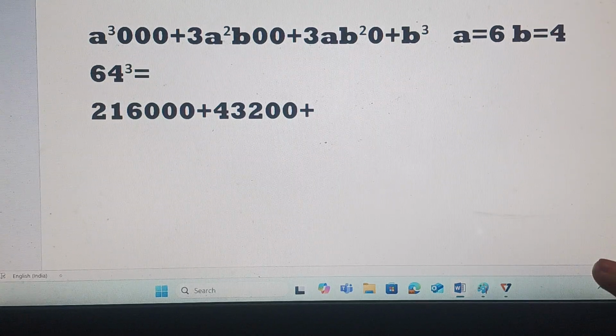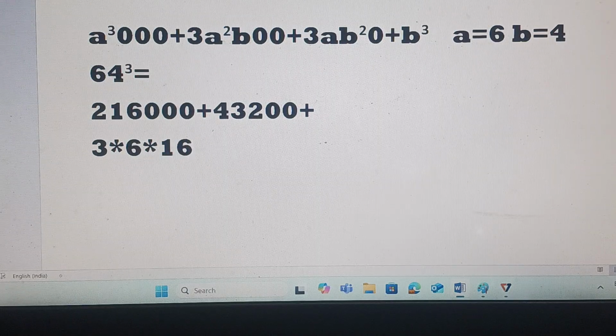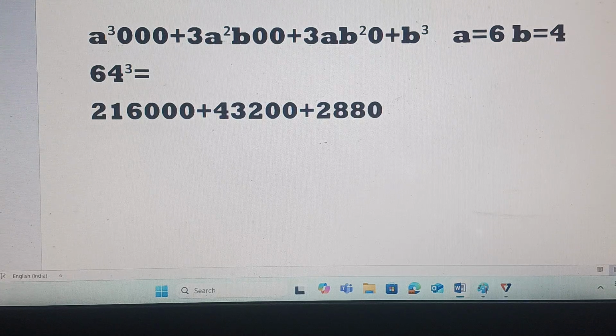Now the next part is 3ab squared with a 0 after. So 3 times a, which is 6, times b squared, which is 4 squared, is 16. So 3 times 6 times 16 is 288 plus an extra 0. So we're going to write 288 plus 0. And the last part is b cubed, which in this case, 4 cubed, is just 64.